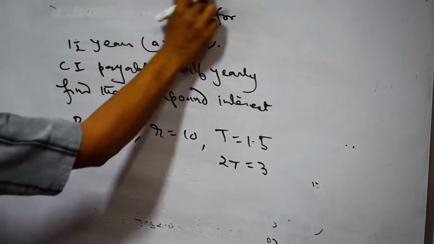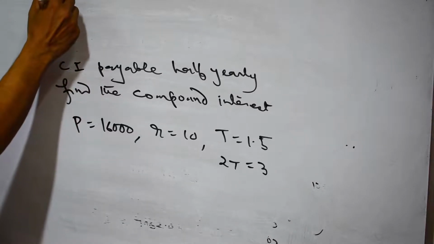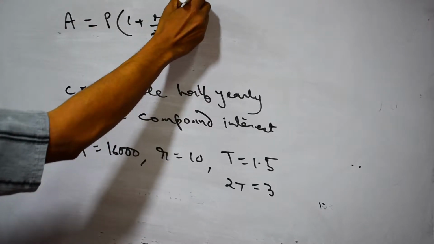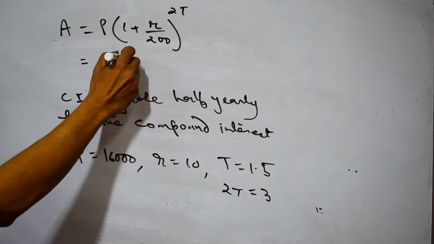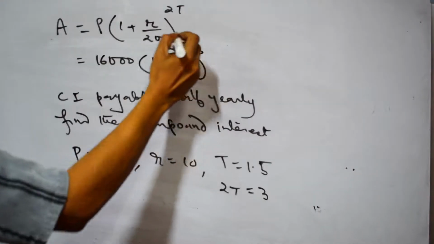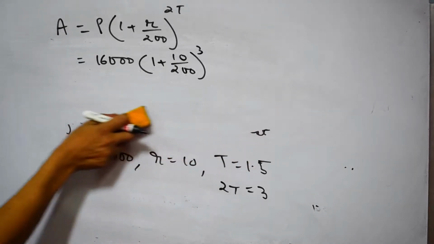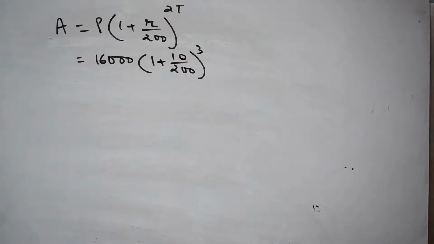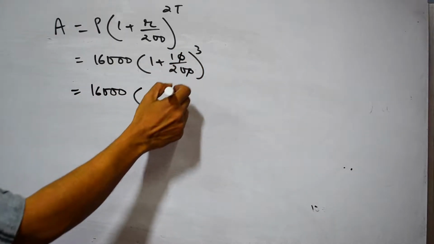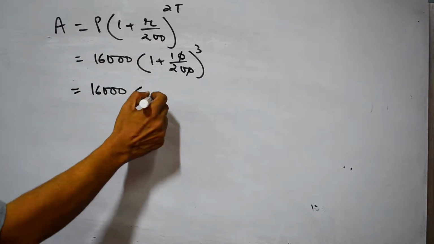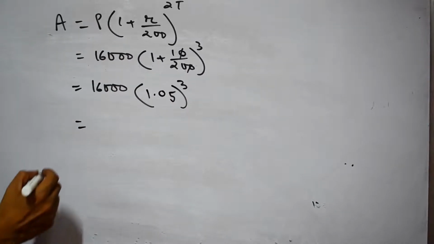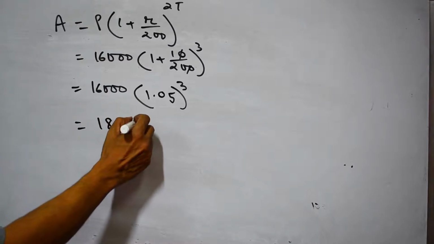So finally we are getting the amount, the formula will be A is equal to P into 1 plus R by 200 whole to the power 2T. So it will be 16,000 into 1 plus 10 by 200 whole to the power 3. What we calculate here, 10 by 200 comes to 1.05 to the power 3, and after multiplication we get 18,522.